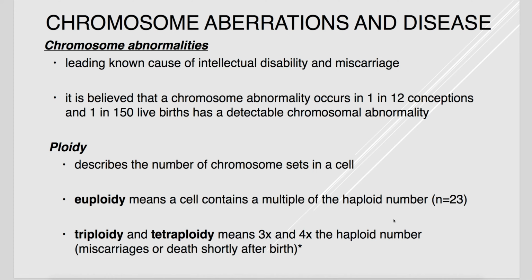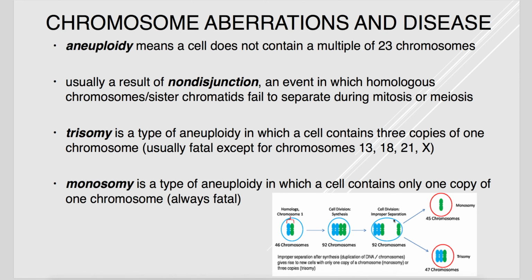Triploidy and tetraploidy mean 3 times and 4 times the haploid number. This is not compatible with life, although some cells in the body actually do carry triploid and tetraploid sets, but you don't need to worry about any of that. Aneuploidy means without a good number.